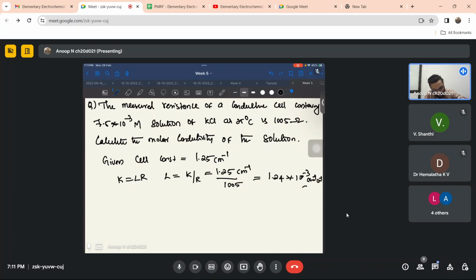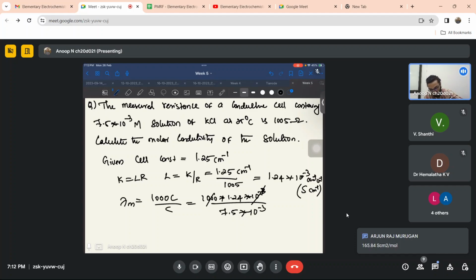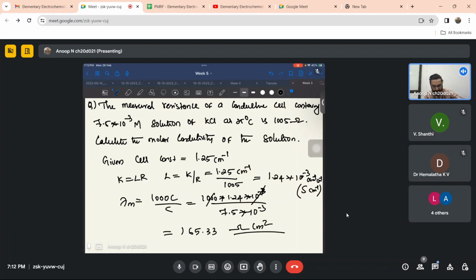I will write this as Siemens centimeter raised to minus 1. Now lambda m is equal to 1000 L by C. We know L, so it is 1000 into 1.24 into 10 raised to minus 3 divided by C. What is the concentration given? 7.5 into 10 raised to minus 3. So what will be lambda m? Lambda m is 165.33 ohm centimeter squared per mole.